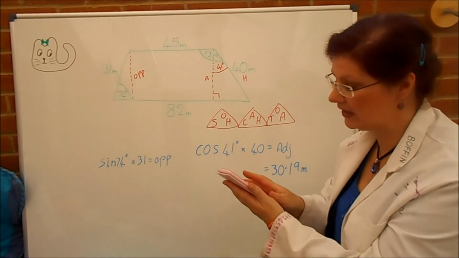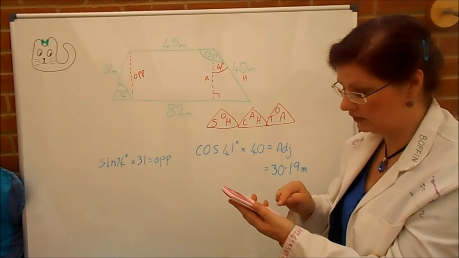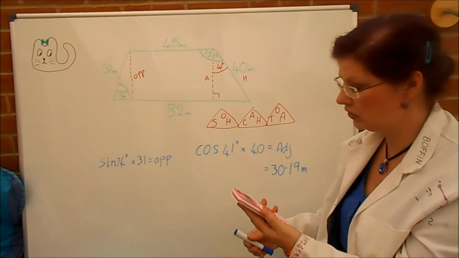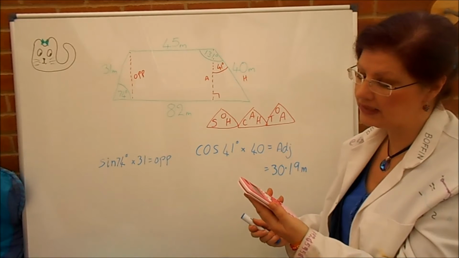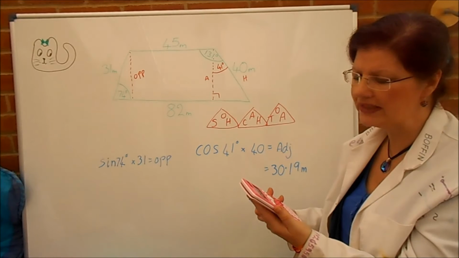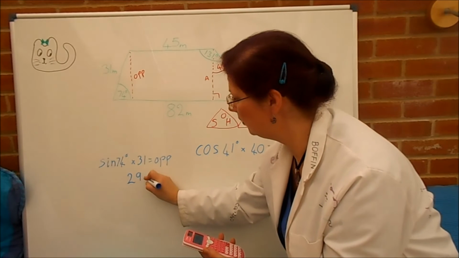Again, grab our calculators, and we're going to do the sine of 74 degrees multiplied by 31, and it comes out to 29.799. So to 2dp, 29.799 is 29.80.